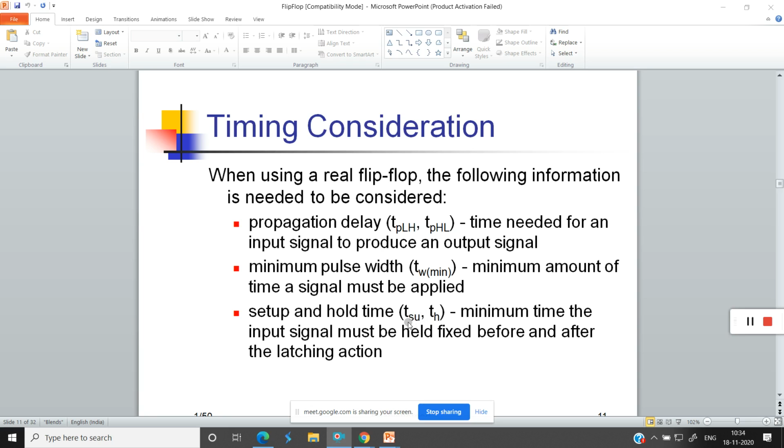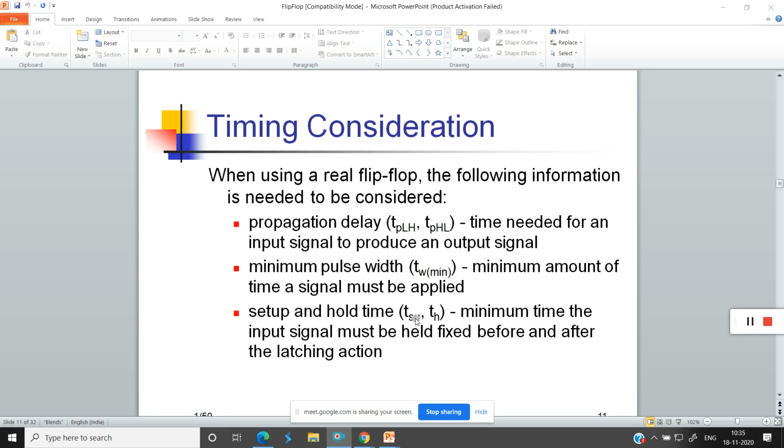Setup time and hold time. TSU and TH: SU stands for setup time and H stands for hold time. Setup time is before the clock is applied to the system. Hold time: when the clock is applied and the input is also applied, the data should be latched and held for a certain amount of time, which is known as hold time.